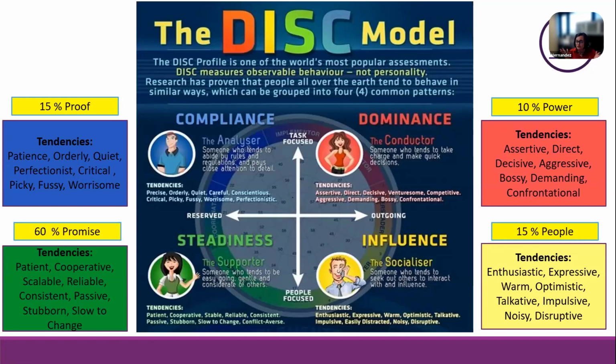The I for influence. They're a socializer. I can be in a room with 100 people that I don't know, and I'm just fine. I'll mingle and chat everybody up. And I love it. So that's about 15% of the population that has taken the DISC test.